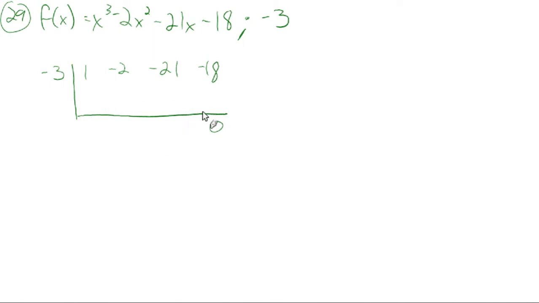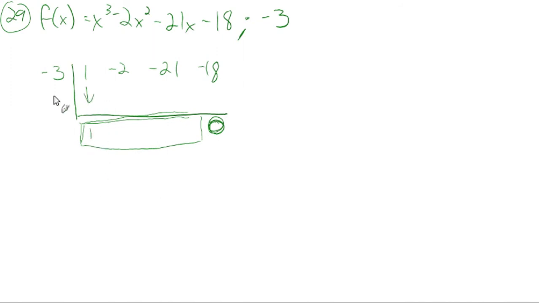We would do all that work and then wind up getting whatever we're supposed to get when we plug this into here. So let's do that, and we should wind up with a 0. And then we'll wind up with this guy right here, a simpler polynomial that we'll keep working with from there.